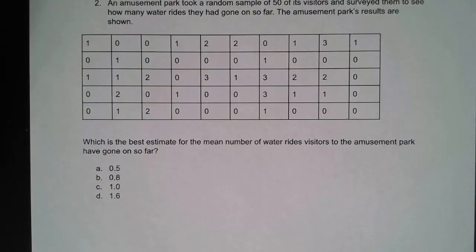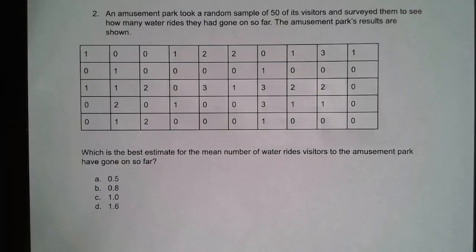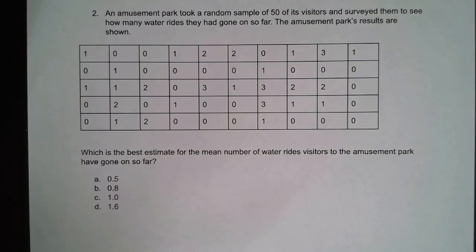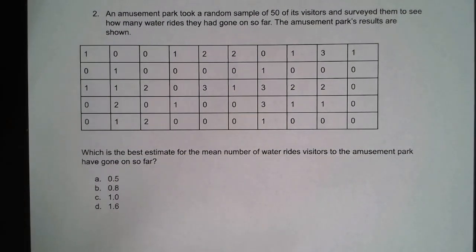Which is the best estimate for the mean number of water rides visitors to the amusement park have gone on so far? So again, for this one, we will need to add up all of the data from the sample we're given, and then we'll need to divide that by the size of the sample we're given.